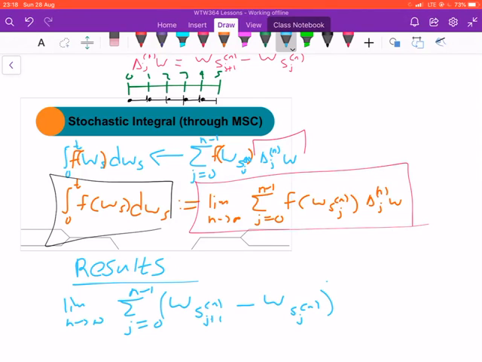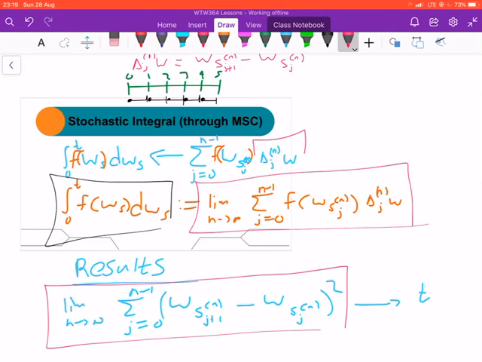If they square this, then you are able to say this thing goes to t, basically. So when you are trying to find the integral, you are better off using this in your equation.